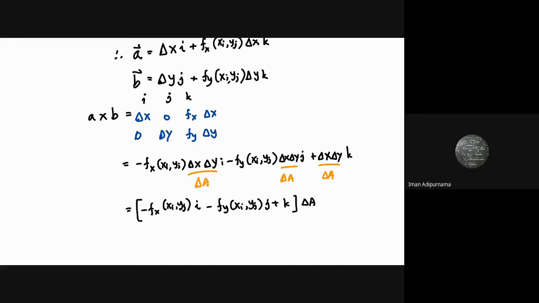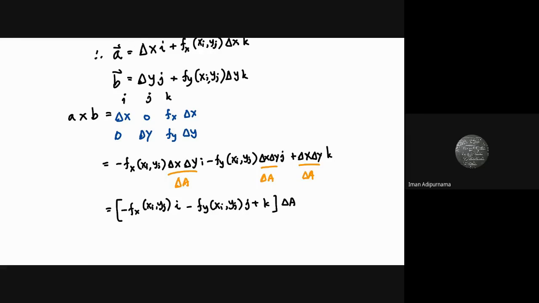The negative part will be gone, right, because it's squared. And then plus 1. And this is still the delta A.